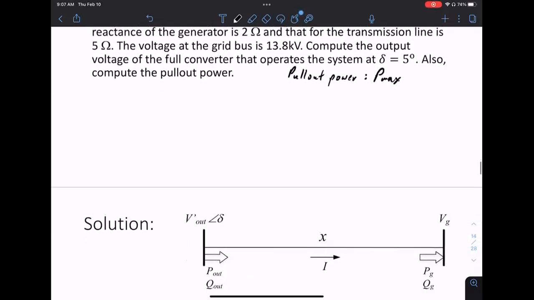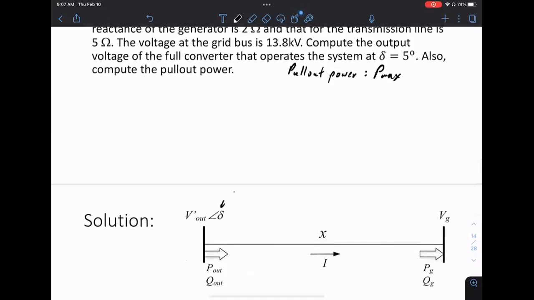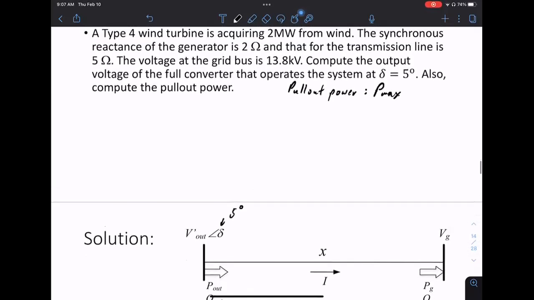Okay, so this is saying that this angle is 5 degrees, or given. The X on the transmission line is 2 plus 5, 7 ohms. I have 2 reactances in the system. I know the grid voltage. Compute VL. Compute VL prime.